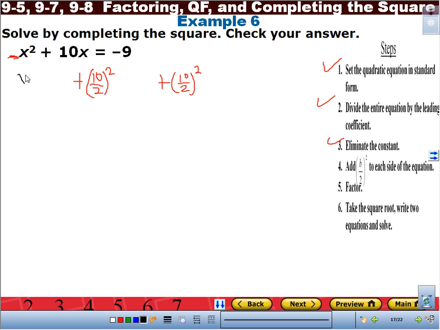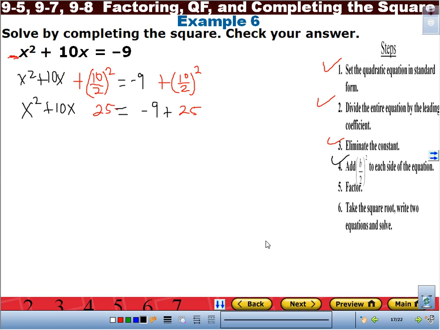We got the x squared, the 10x, the equal, and then minus 9. Let's simplify these. What is 10 divided by 2? 5 squared is 25. This is 25. And I bring everything else down. X squared plus 10x equals negative 9 plus 25.